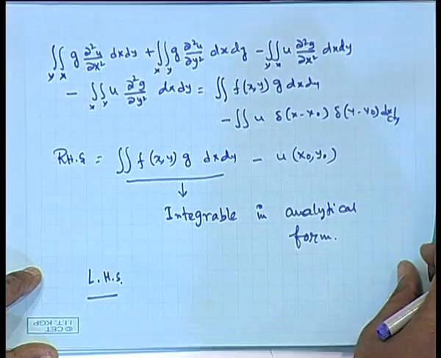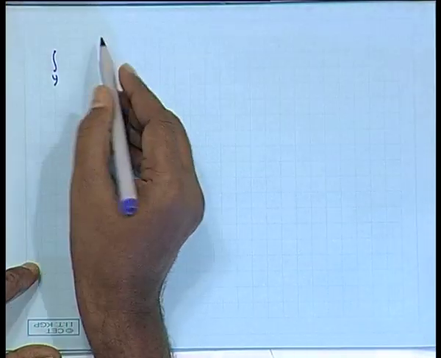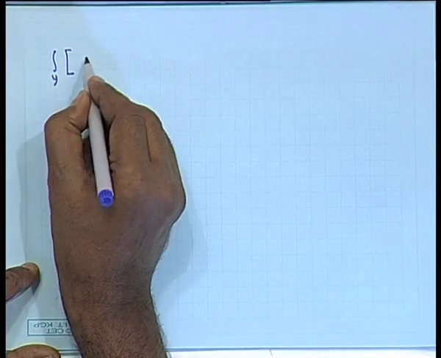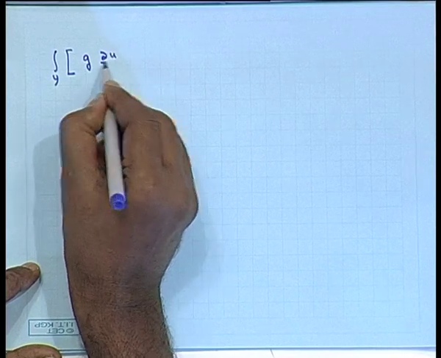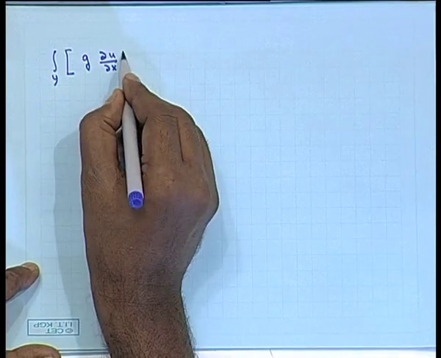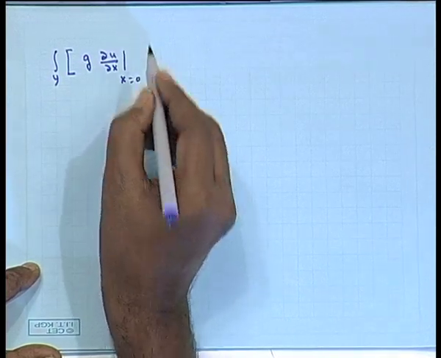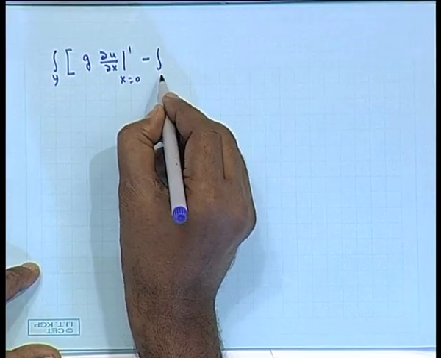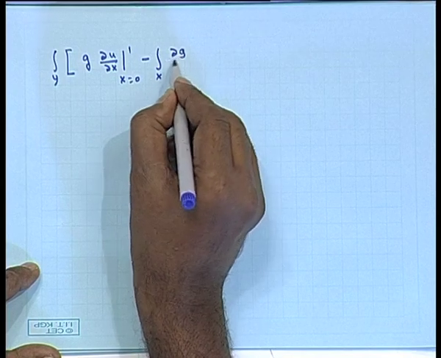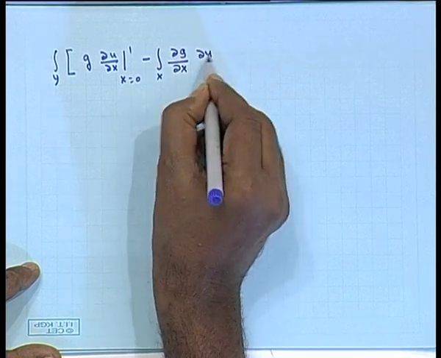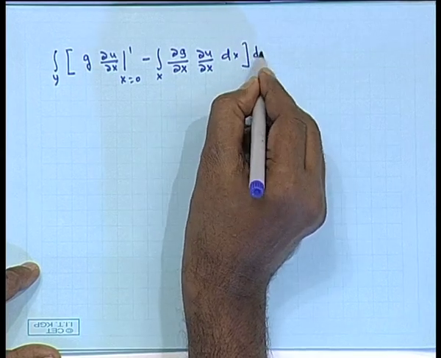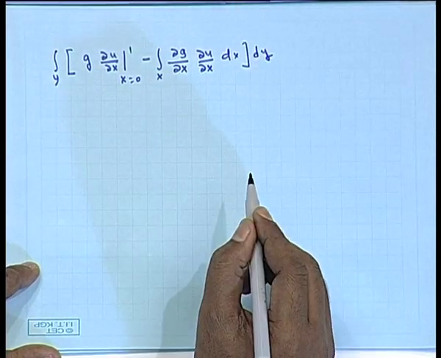Okay. So, what do you get? If you evaluate the first integration by parts, you will be getting first function integral of second function, g del u del x from x equal to 0 to 1, minus integration over x del g del x del u del x dx dy. Agreed?